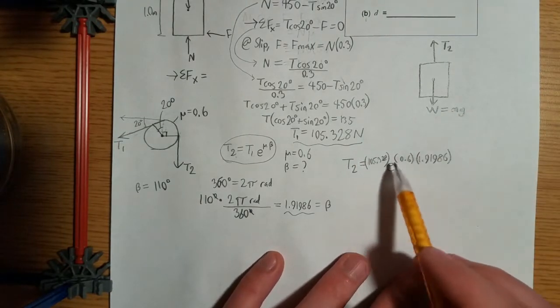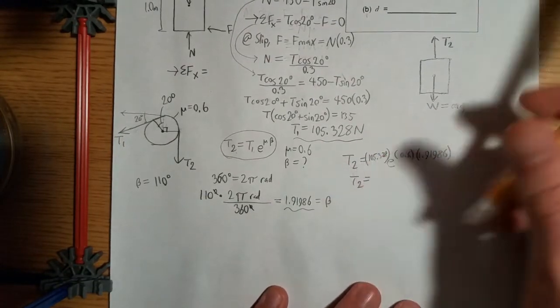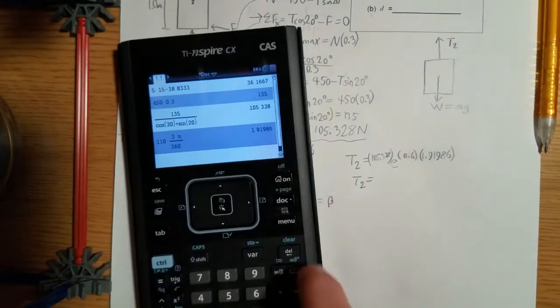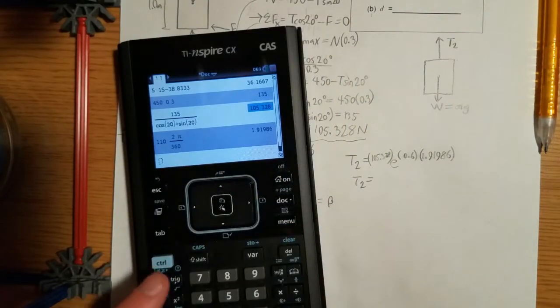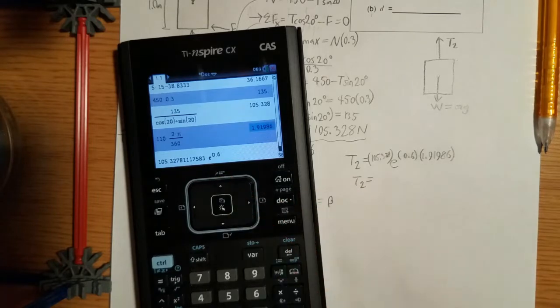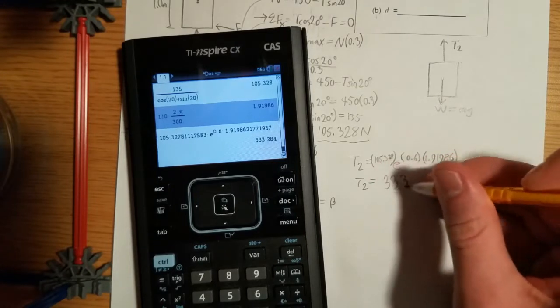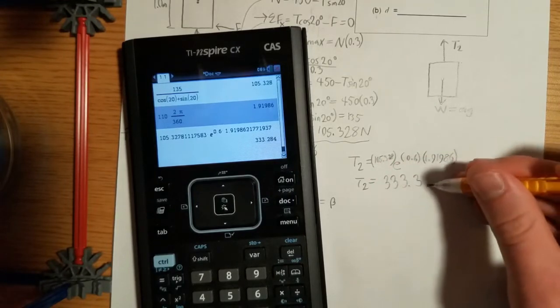Hopefully in your exams you have nicer handwriting than that. For the sake of what we're doing here, it's fine. So we've got 105 times e to the 0.6 times, I'm going to drag that down and put it in there. And we've got 333.3 newtons.